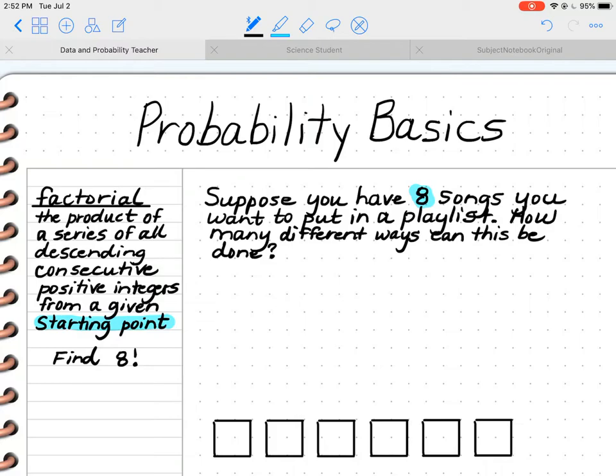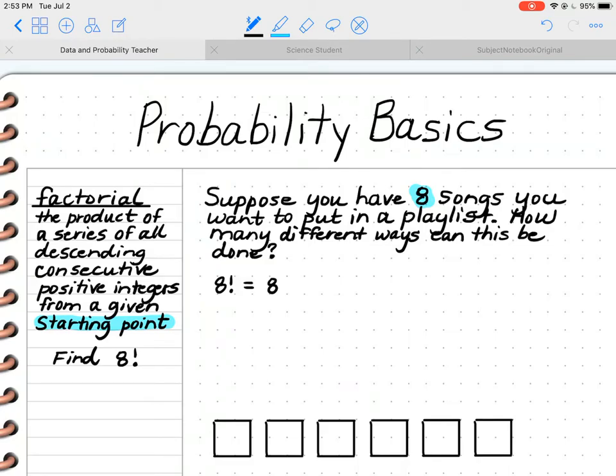And here's what it means. 8 factorial is the product, so there's multiplying, of a series of all descending consecutive positive integers from a given starting point. What's the starting point? 8. What is descending? That means going down.